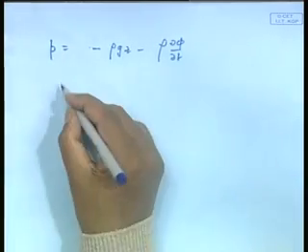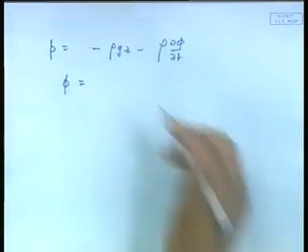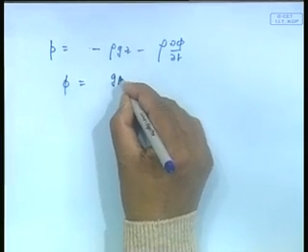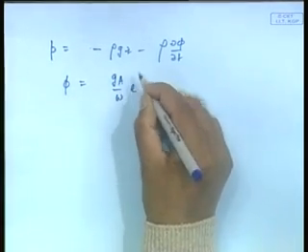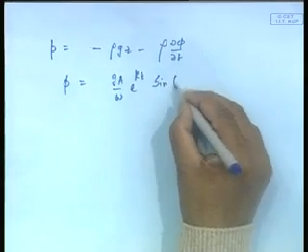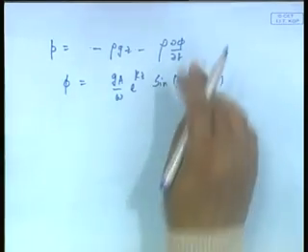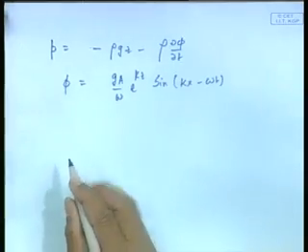Okay. Now, let me write the phi expression again, because this is important for us to realize. It was g a by omega e power of k z times sin of k x minus omega t, right. Now, how much is rho d phi by dt? Let us work it out.